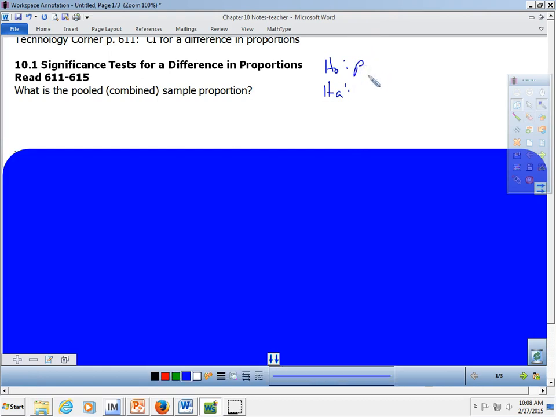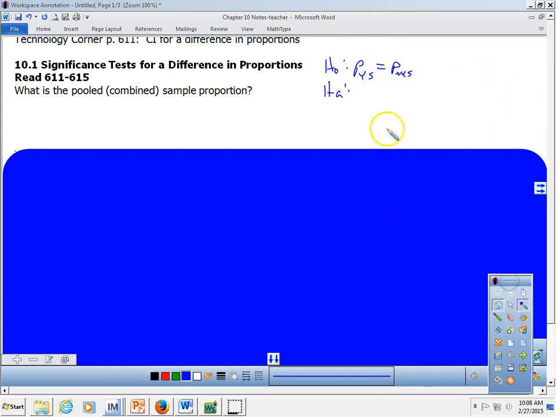Well, let's go proportion of YS. And we're going to assume there's no difference in the proportion of people that yawn with a yawn seed versus the proportion of people that yawn with no yawn seed, right? And so we can write our null hypothesis in two different ways. We can do this, if the two proportions are exactly the same. Or we can actually write it visually seeing the difference.